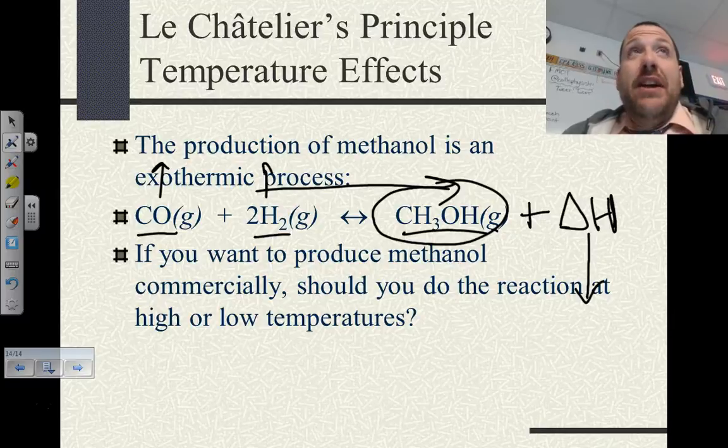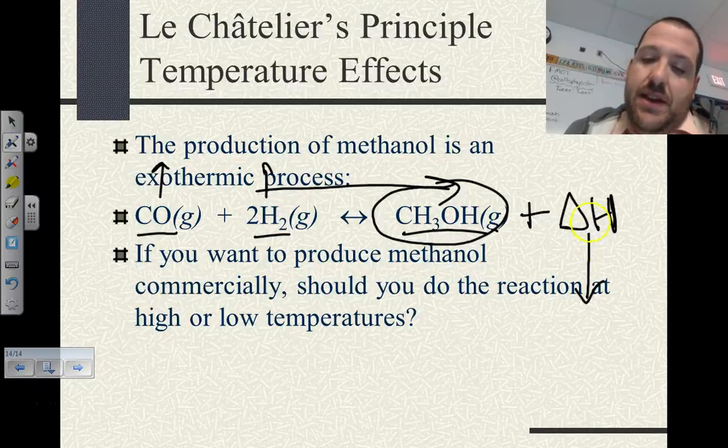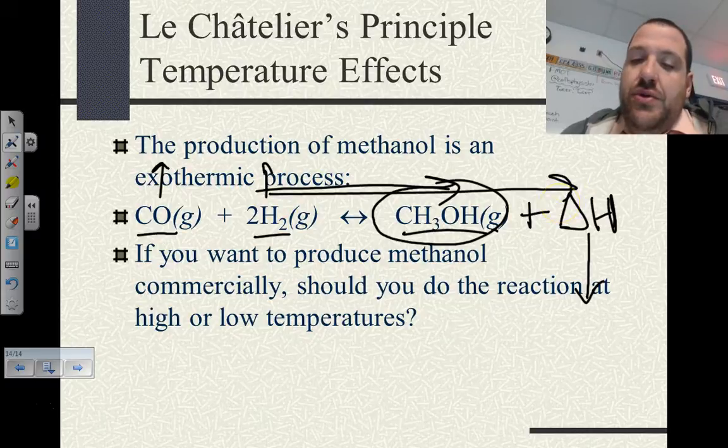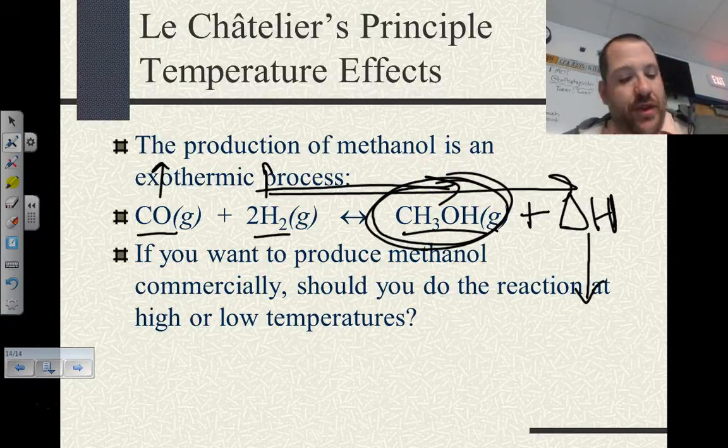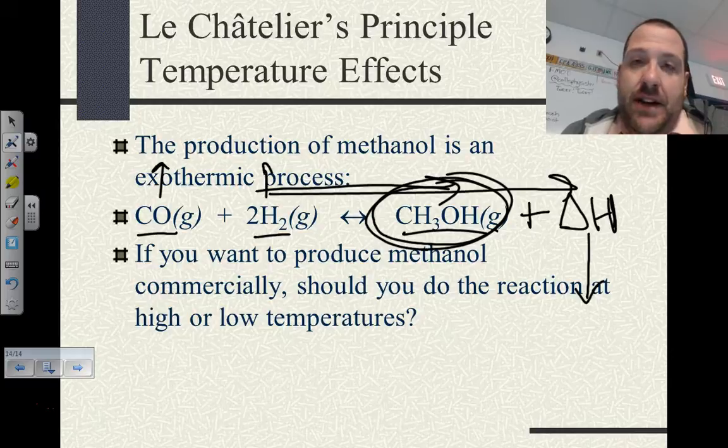And by cooling it down, I'm now taking away the heat that it is producing. And by doing so, this reaction is going to shift to the right and produce more methanol than it would at higher temperatures. So in this case, the reaction should be done at higher or at lower temperatures to get a higher yield of methanol.